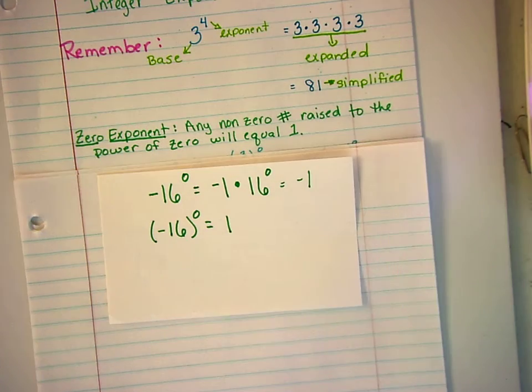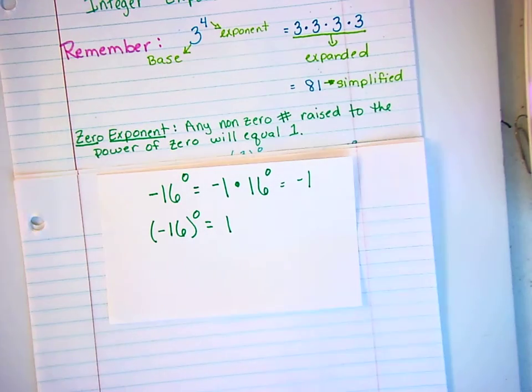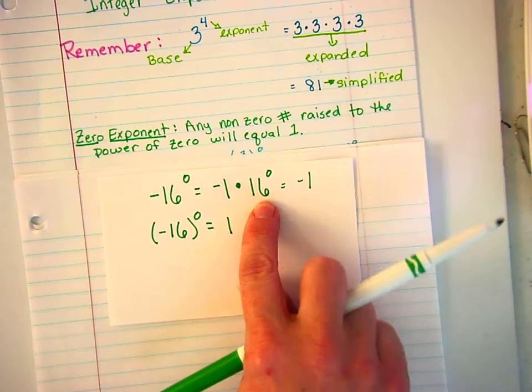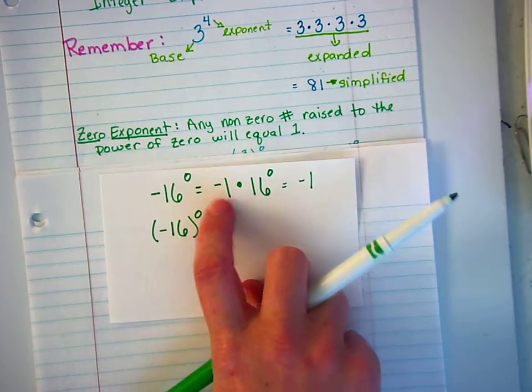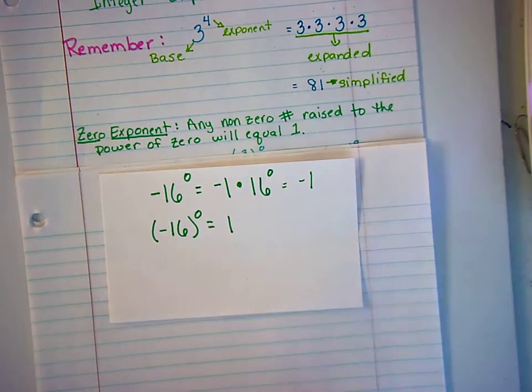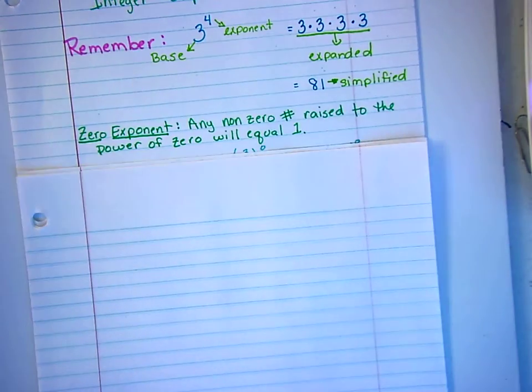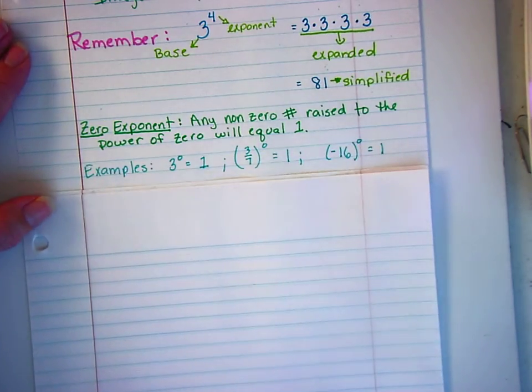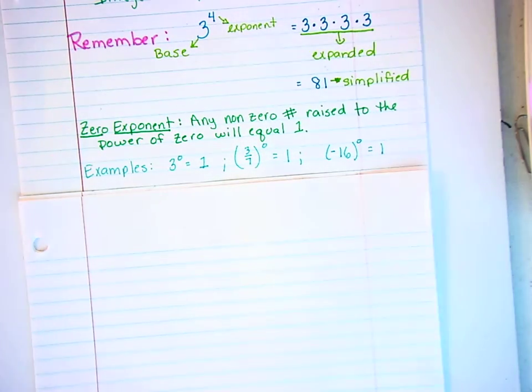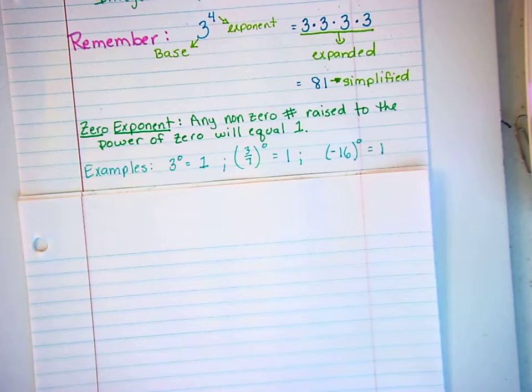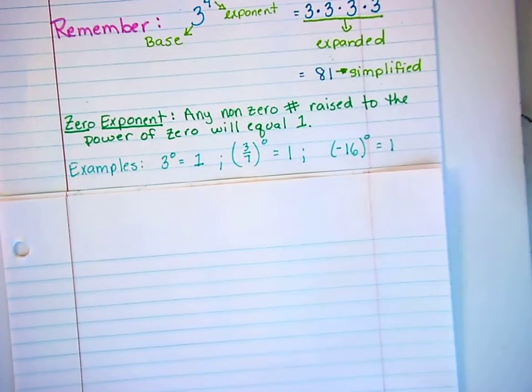It's because you don't have the parentheses, and the 0 is technically still just being applied to the 16. You still get that positive 1 answer, but then you multiply it with the negative 1 to get the negative 1 as your final. Okay? Give y'all a second to finish writing this down, and there's 3 examples that have 0 as an exponent.